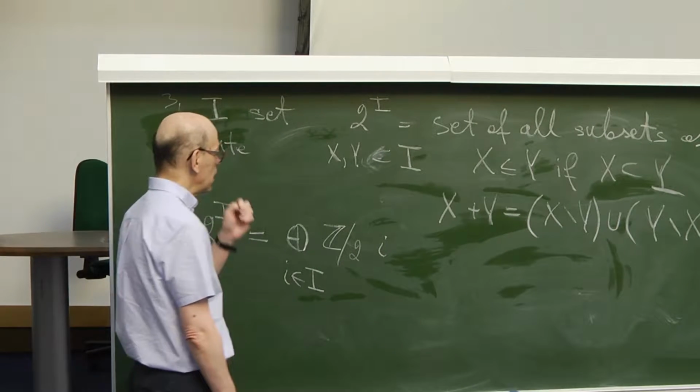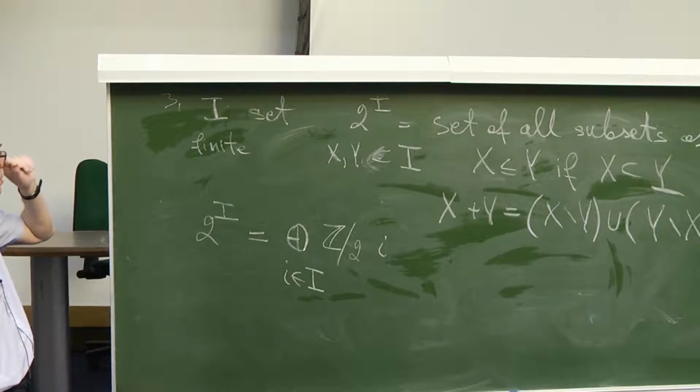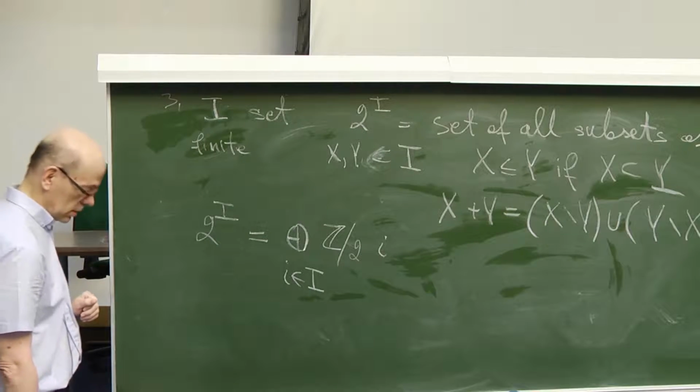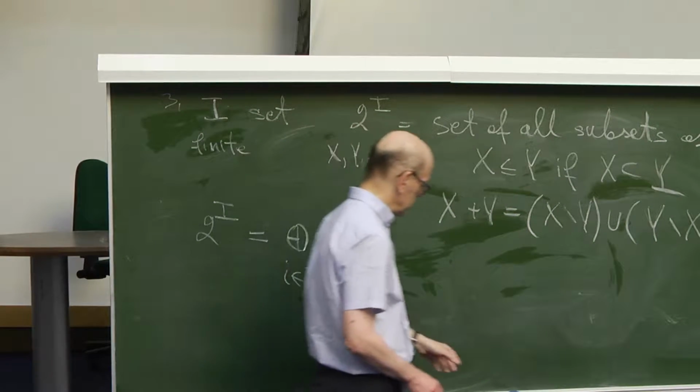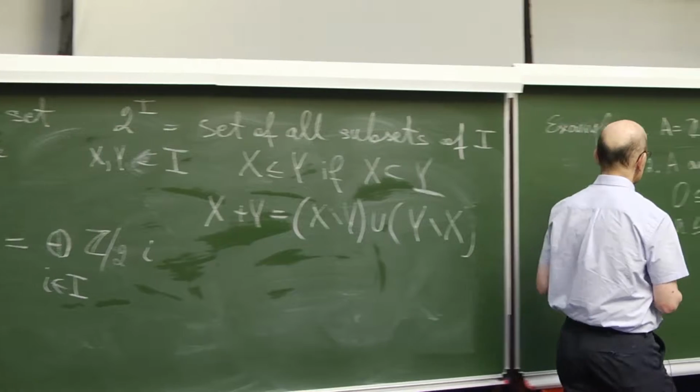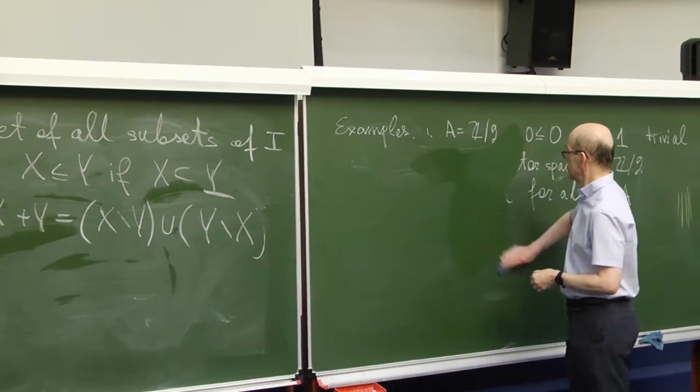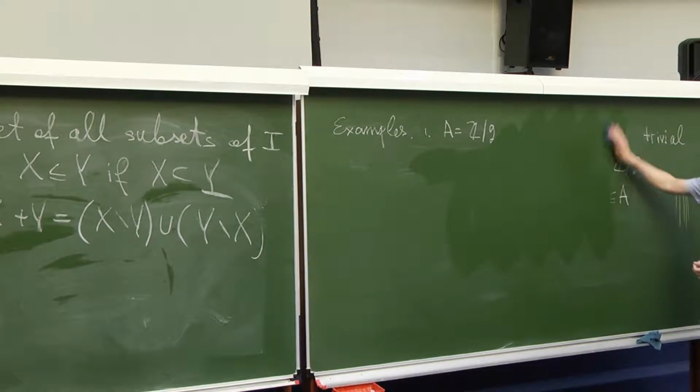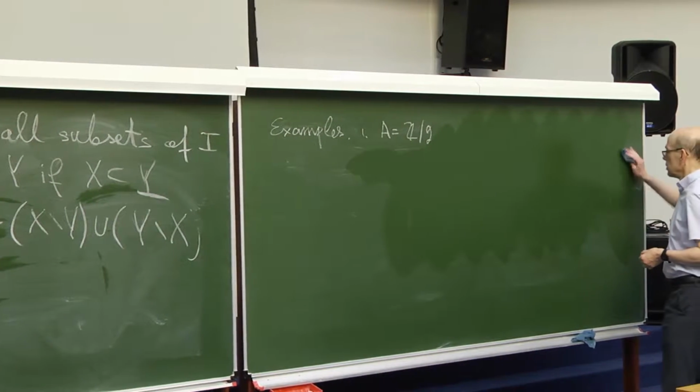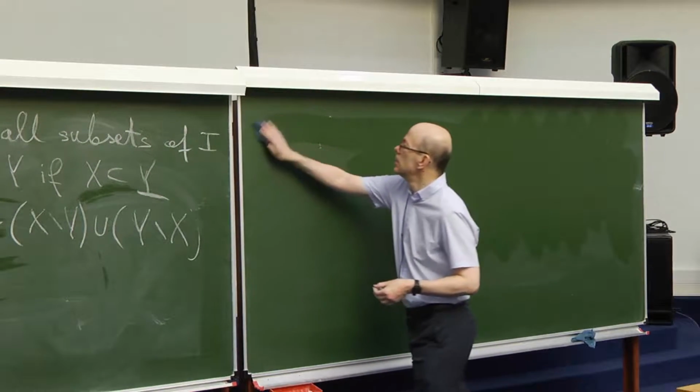Okay. Now, how can you get further examples? One thing is that if you have an additive poset, then you can provide many more examples by taking sub-posets. Now, let me explain this.